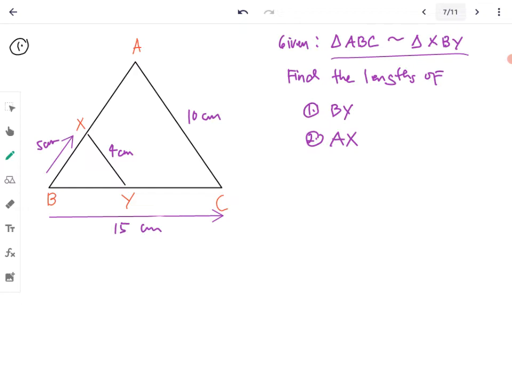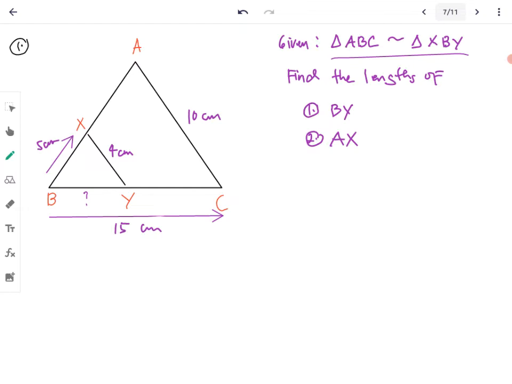So we have the following given. BX is 5 cm, XY is 4 cm, BC is 15 cm, and AC is 10 cm. What we're going to do is find the length of BY. This is the length in question. We will look for corresponding sides where the measures are already available.